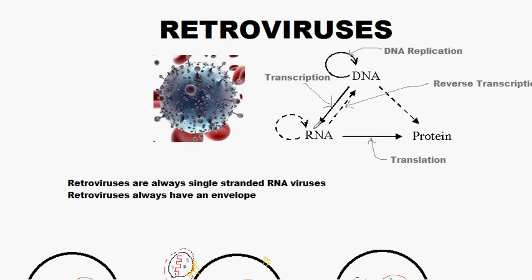Every time the cell transcribes its own DNA to RNA and makes some of its own proteins, it will also, in the process, transcribe the viral DNA which has attached to itself.